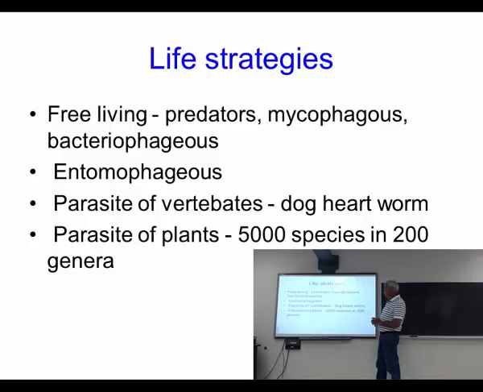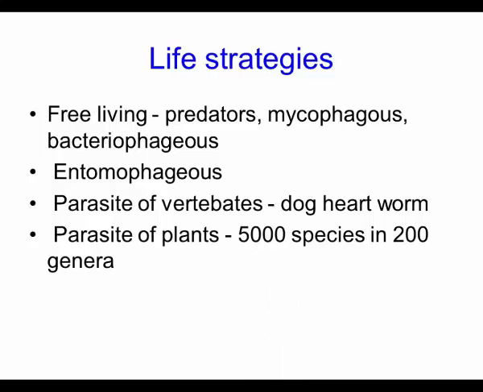Numerous parasites of vertebrates. Most of you may be familiar with the dog heartworm, which is in fact a nematode. And then we have the ones we're most interested in here, parasites of plants. There are approximately 5,000 different species in 200 genera, of which only a small portion are of major economic importance.